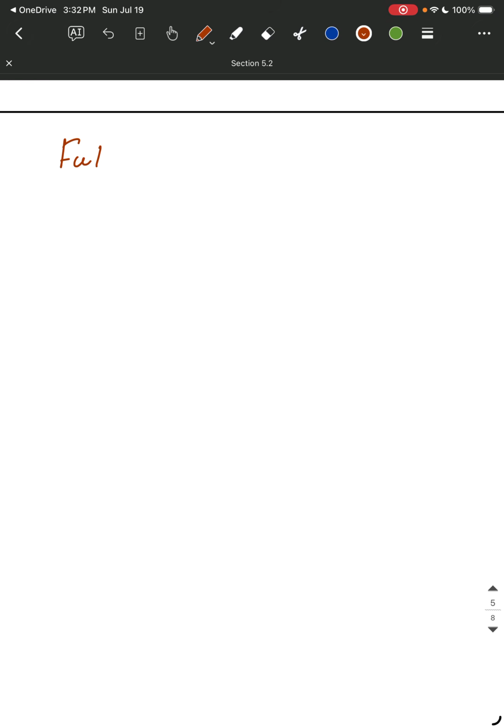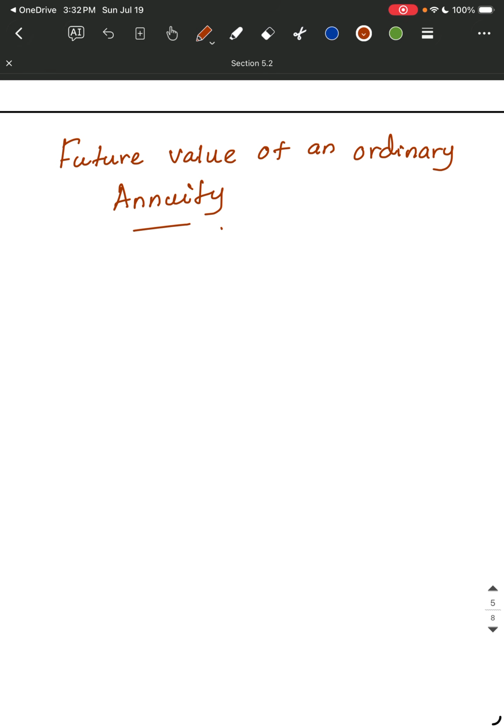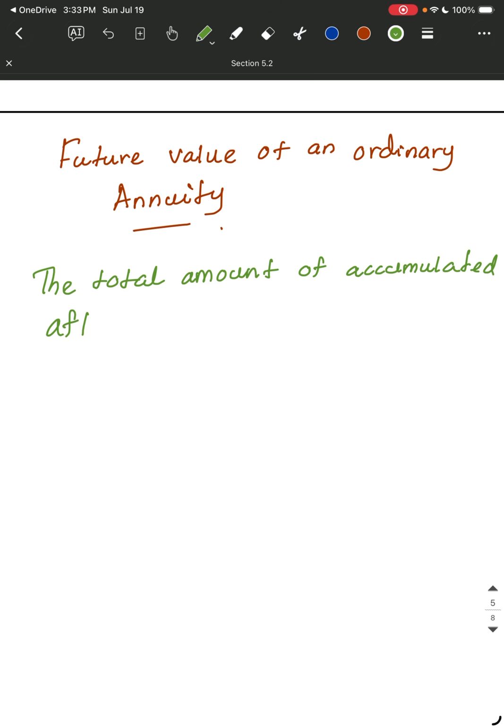The future value of an ordinary annuity is the total amount accumulated after all payments have been made and interest has been earned.